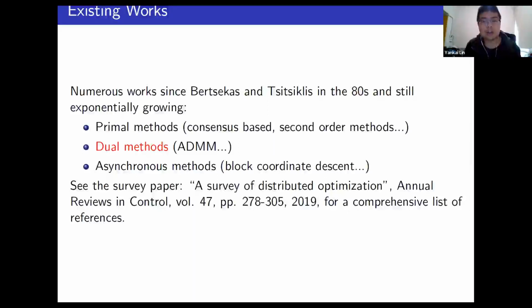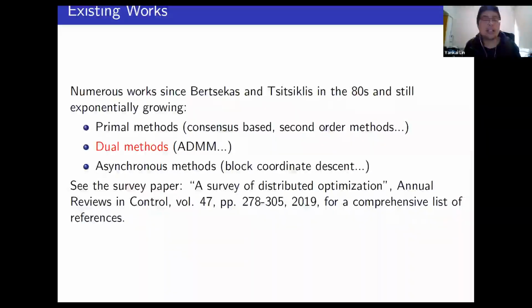So you design an algorithm which is just a combination of a consensus algorithm and a subgradient or gradient step. And under some mild assumptions on the step size and the connectivity of the graph, you can show either exact convergence or convergence to a neighborhood of the solution.